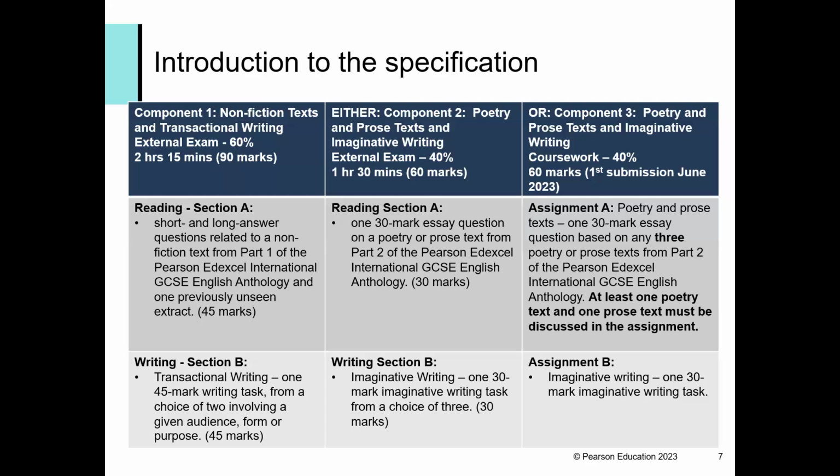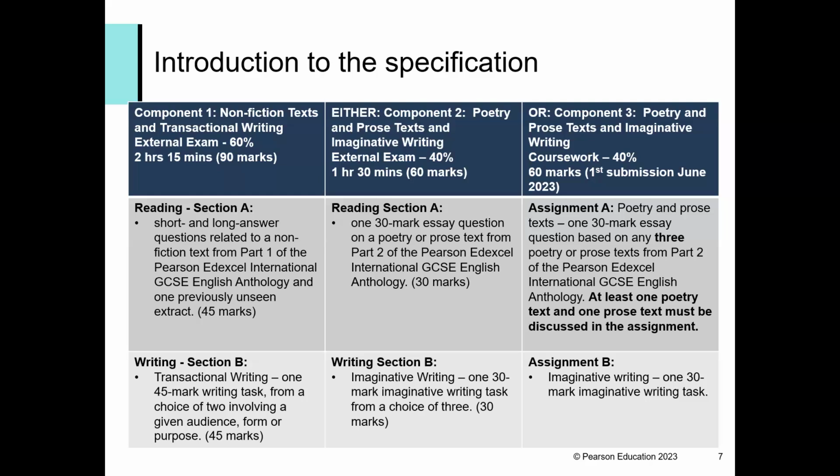So if you choose the exam route, the reading is section A, and it's a 30 mark essay question on a poetry or prose text, which they will have studied from the Pearson anthology. And then the writing section is a piece of imaginative writing. Again, it's worth 30 marks. Those sections are equally weighted on reading and writing for both papers. And they get a choice of 3 questions there.